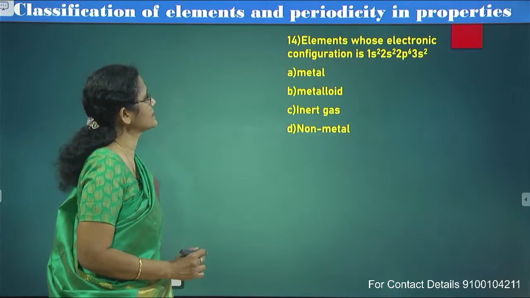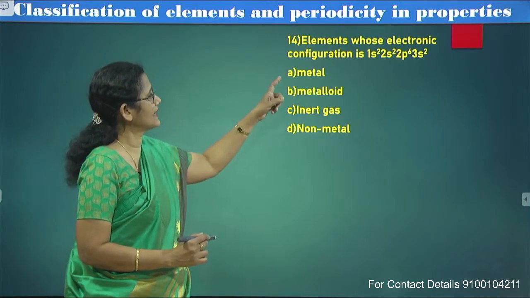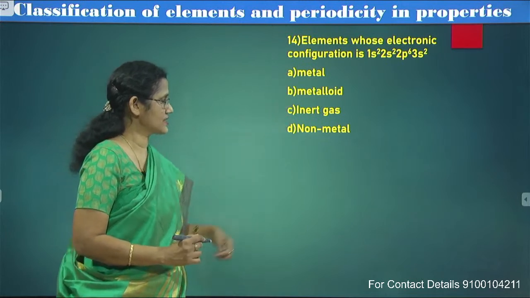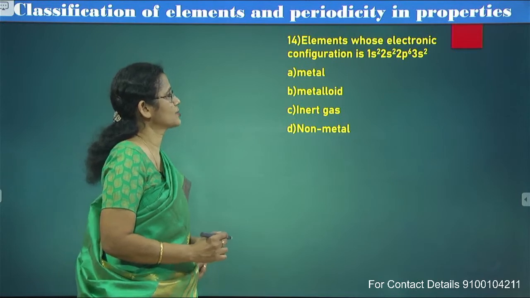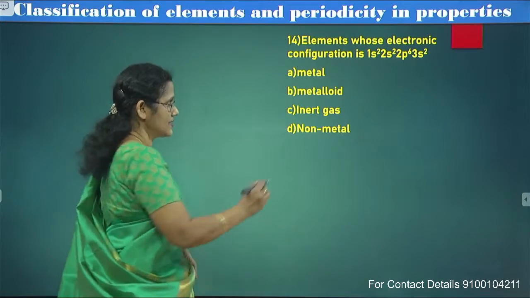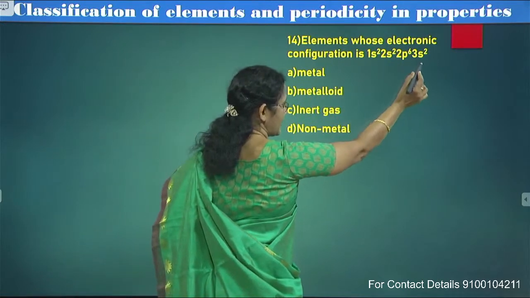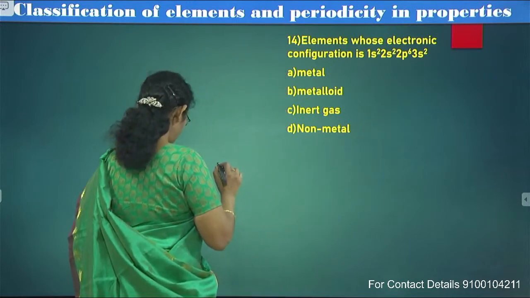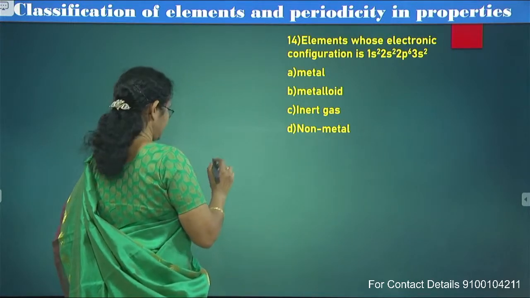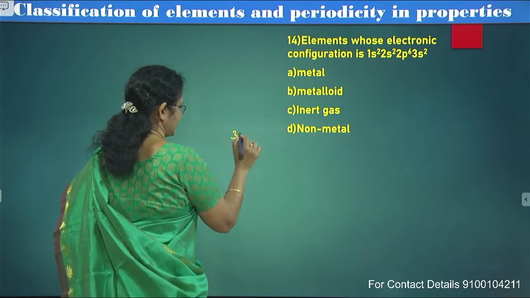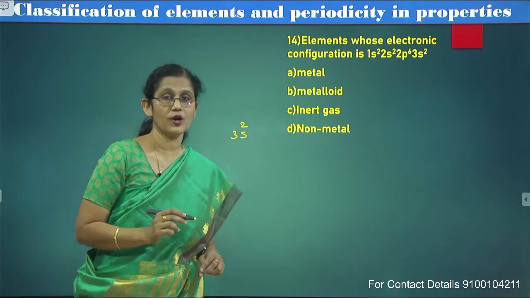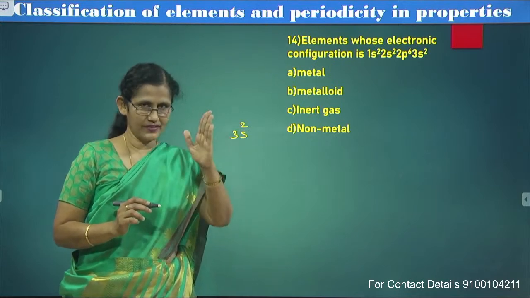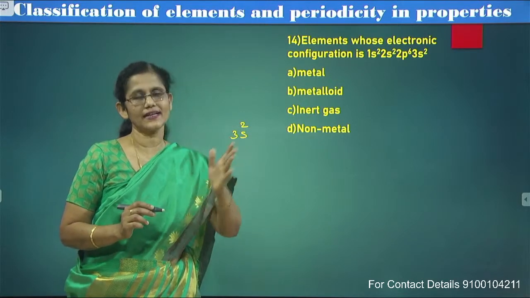Now, see this question: elements whose electronic configuration is 1s2, 2s2, 2p6, 3s2. That is 10 plus 2. When I say 3s2, that belongs to the S block: 3s1 is first group, 3s2 is second group.